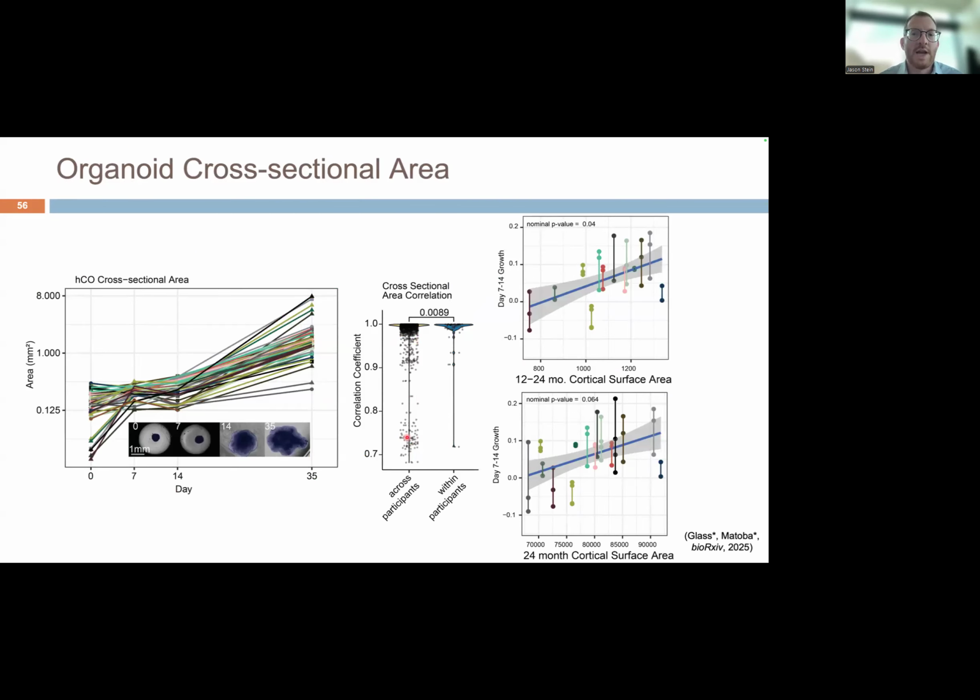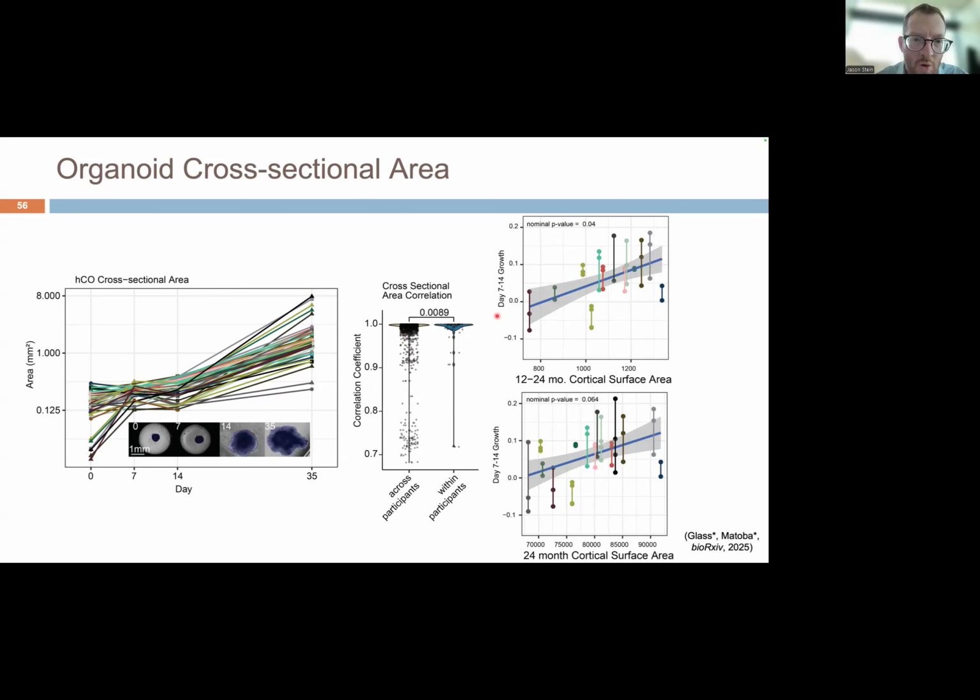So we then wanted to ask, do these organoid phenotypes relate to the cortical size of the participant from which they were derived? And we did this by measuring the organoid size, at least initially, as a simple phenotype, just the organoid cross-sectional area through microscopy. And we found that the trajectories of cross-sectional area are more similar within than across participant, which was encouraging.